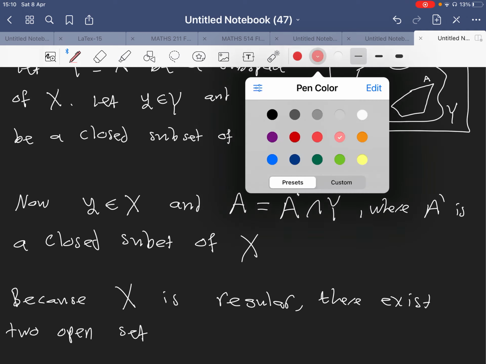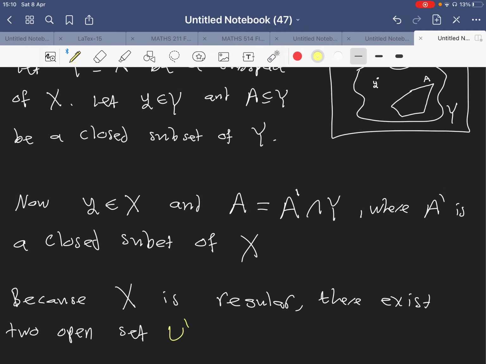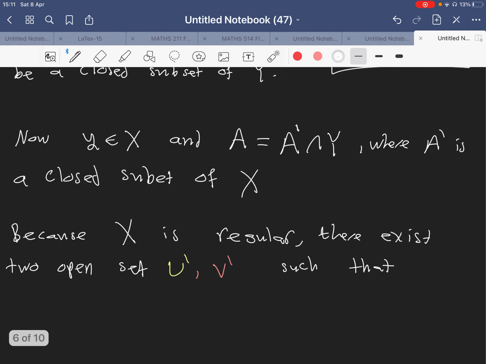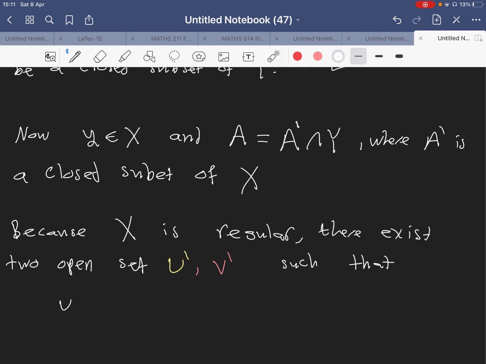One of them we will call U dash, and the other one is V dash, such that, first of all, y is in U dash, A dash is a subset of V dash, and their intersection is empty. They are disjoint. And this is all in X.